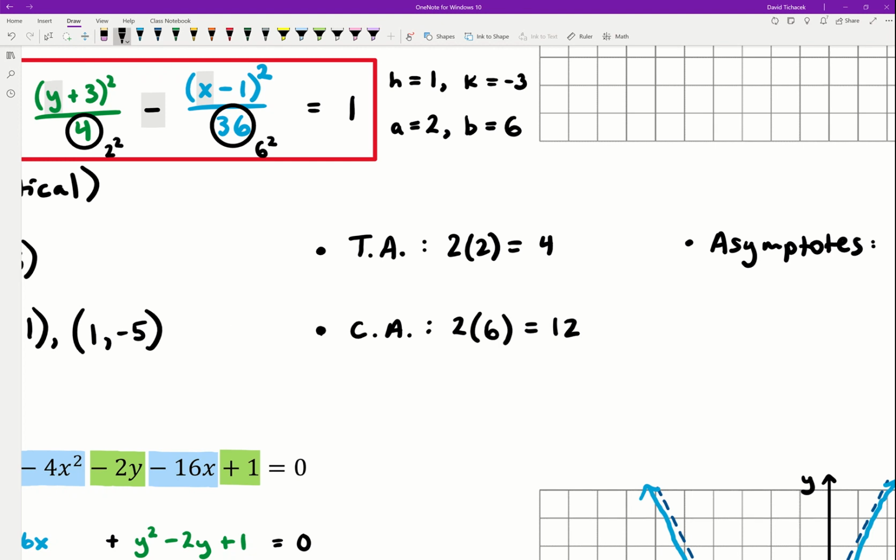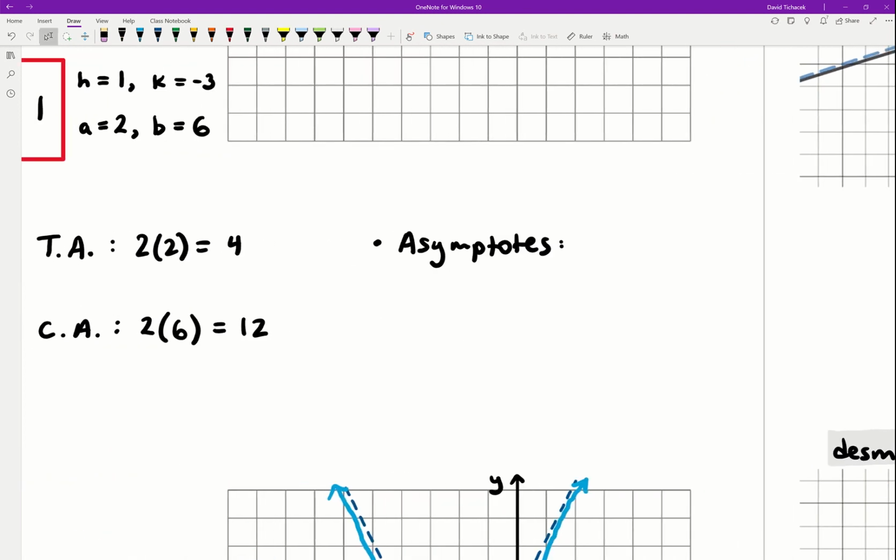There we go. All right, and then of course for the asymptotes, we have that formula from up above in our notes here, the one that said y is going to be equal to plus or minus, and then because we are in case 2, we want a over b. So playing the role of a is 2, playing the role of b is 6, and then we're just going to pick up with the rest of that formula that we wrote down before, right? So that would have been x minus h, which is being played by 1, and then we're going to add on k.